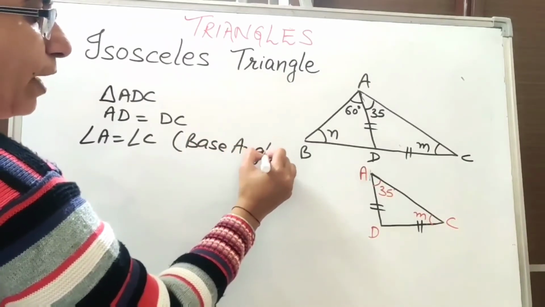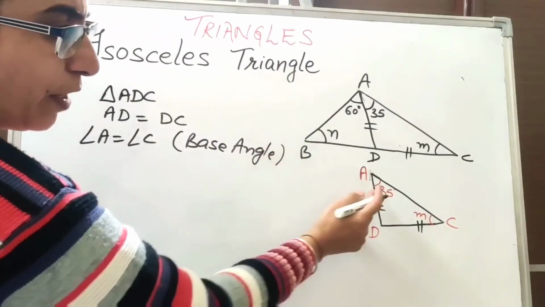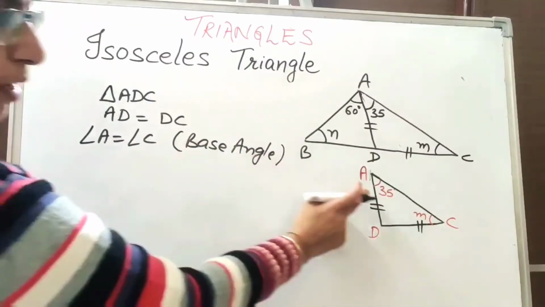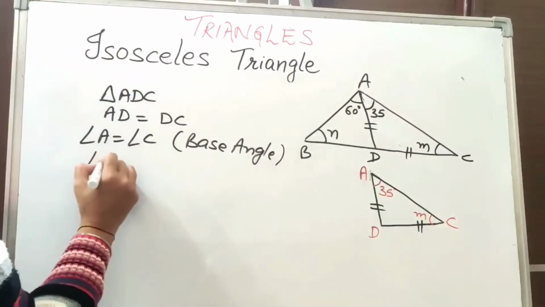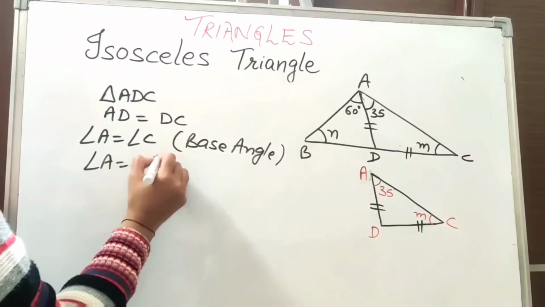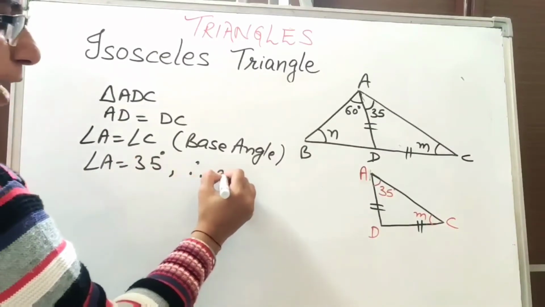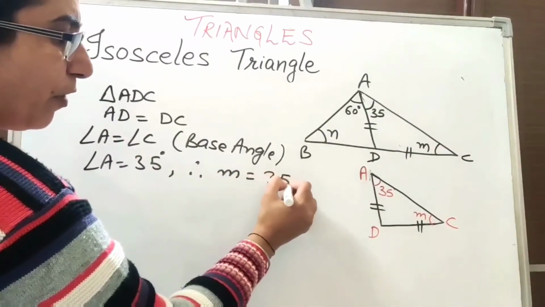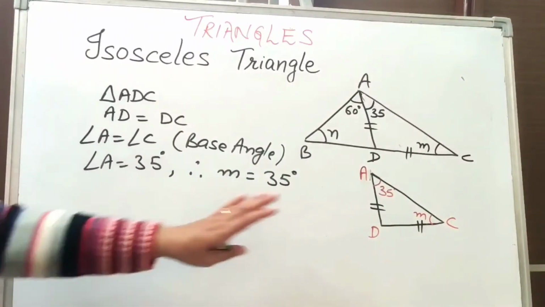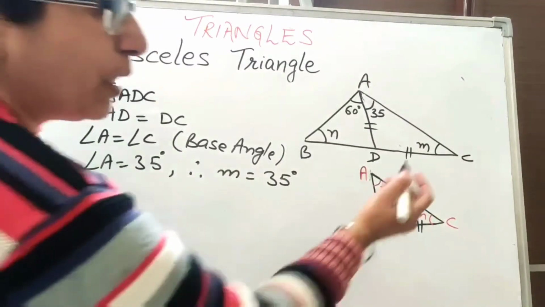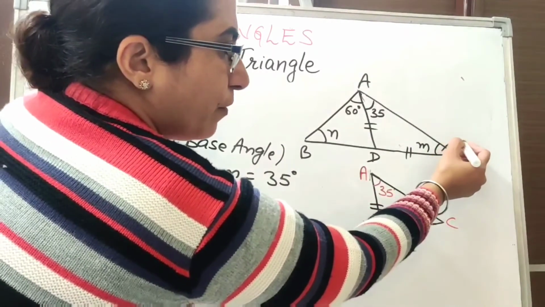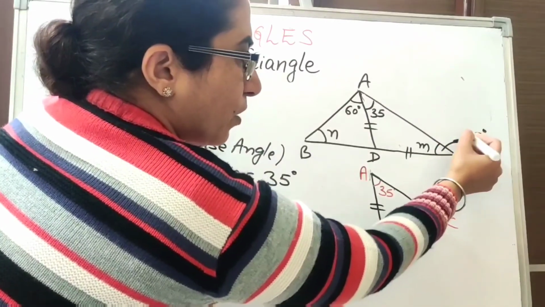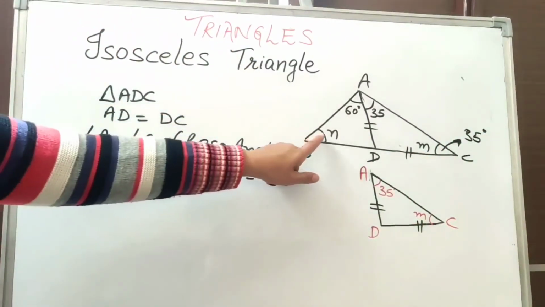The measure of angle A is given, that is 35. So if angle A is 35, then M is also 35. Now we have found the value of M, this M is 35 degrees. Now we are left with this N.